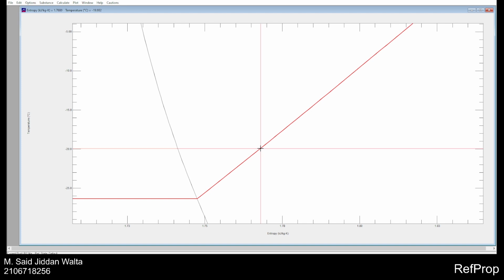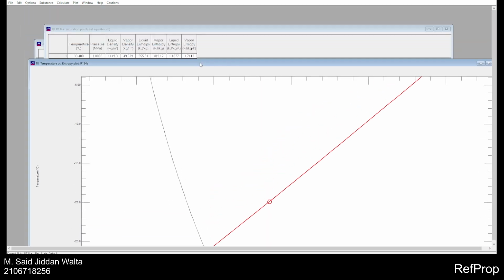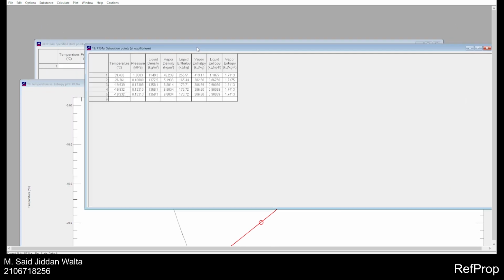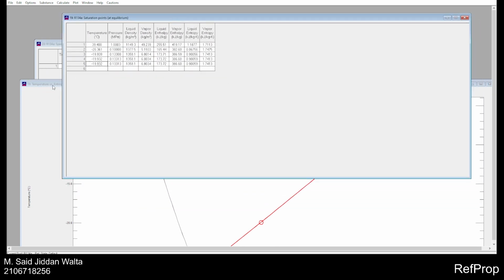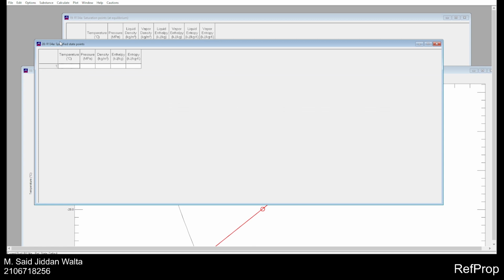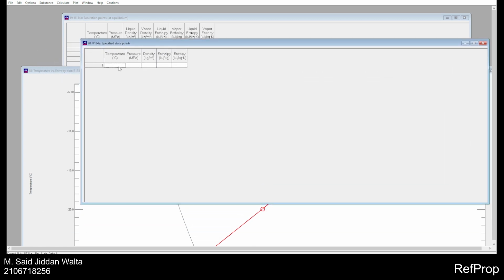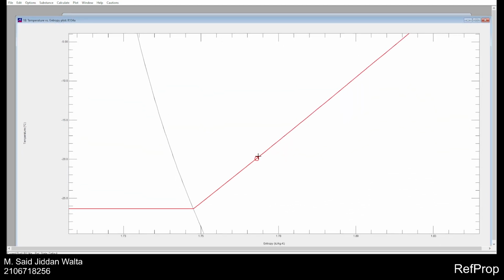I think this is a relatively good estimate, and we can just right click to mark this point, and on our specified state point table we can plug in the temperature of minus 939, and at this point the entropy is 1.768.